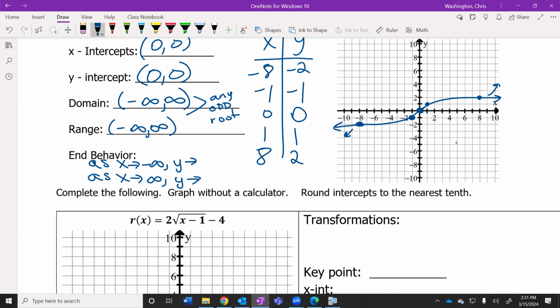So that's what our end behavior looks like. This top line is really just the left side, and this bottom line is really just the right side. The left side of the graph is going down to -infinity, and the right side is going up to +infinity. So that's the basic graph with no transformations at all.